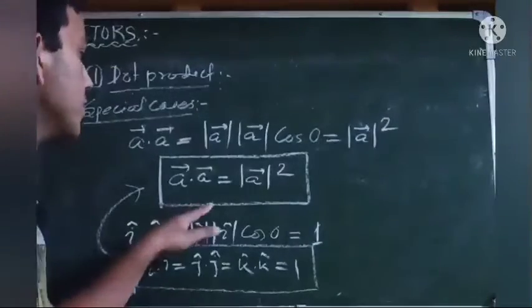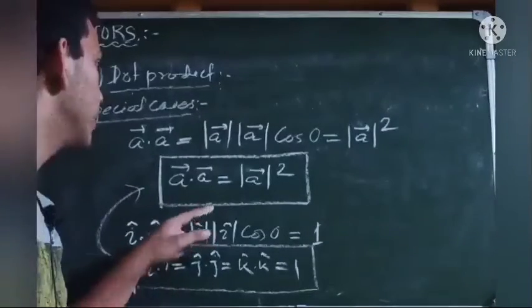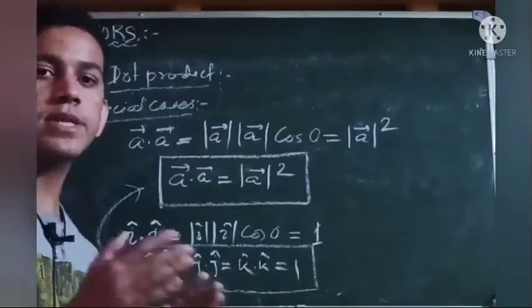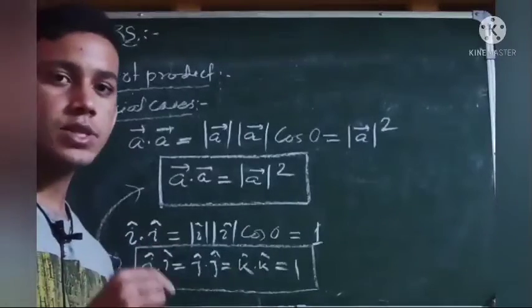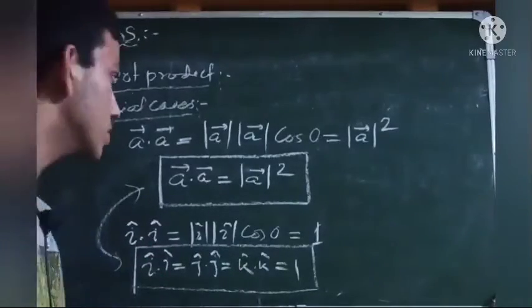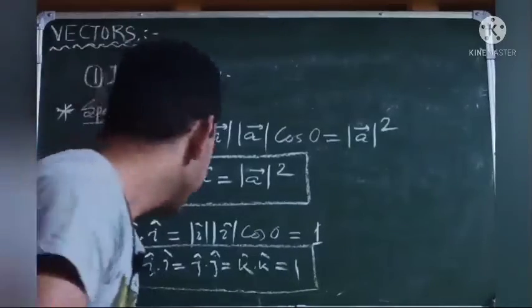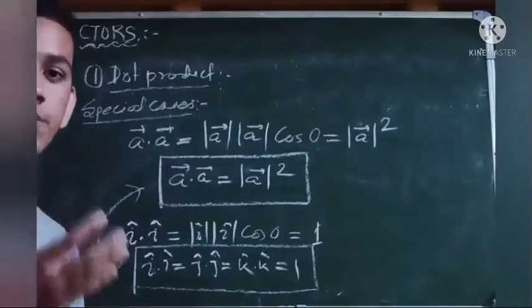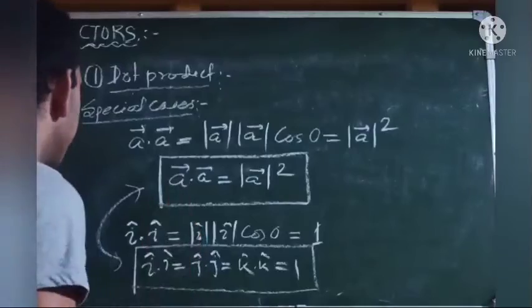Now, using this formula, we are going to prove that magnitude of a vector plus b vector is going to be root under a square plus b square plus twice ab cos theta, which we have already derived. Now, we are going to prove this formula again using this concept.